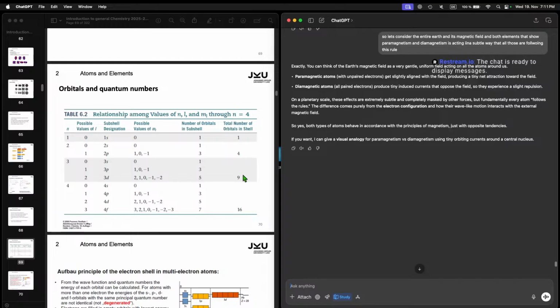Number of orbitals. Okay, okay. The number of orbitals in a subshell is the sum of... orientation. I believe that's the answer. Yep.